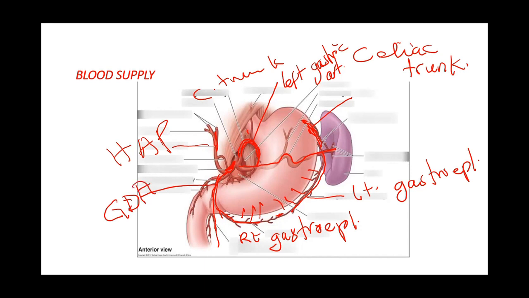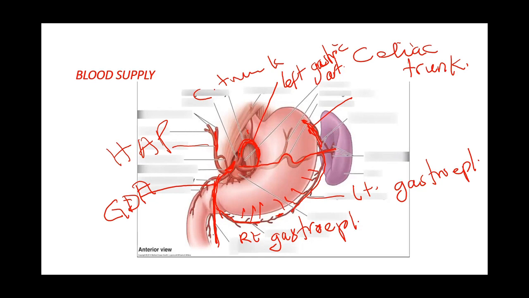The gastroduodenal artery gives the right gastroepiploic artery, which anastomoses with the left gastroepiploic artery along the greater curvature, and it continues as the superior pancreatico-duodenal artery that divides into anterior and posterior branches.